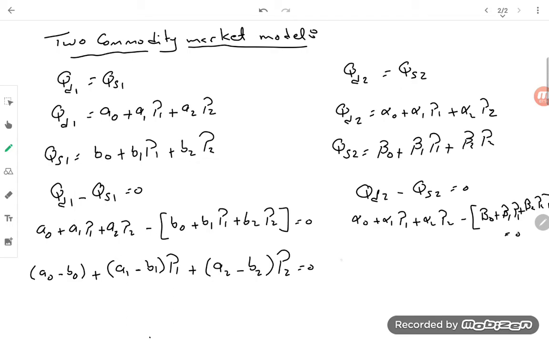So we can write it as alpha node minus beta node plus alpha 1 minus beta 1 times P1 plus alpha 2 minus beta 2 multiplied by P2 equals 0.